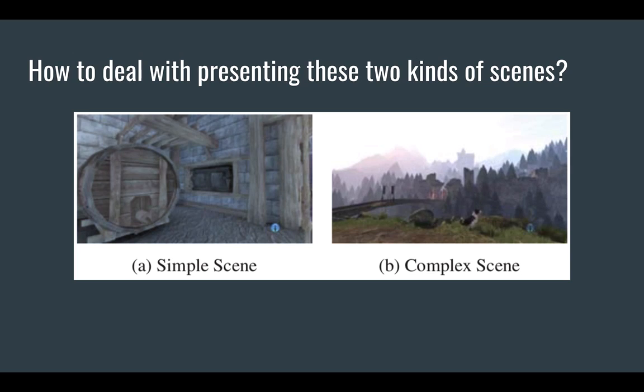Then, how do we deal with presenting these two kinds of scenes? These two scenes are just like what we mentioned on the last slide: a simple scene and a complex scene. If a server chooses to statically provision for the worst case of all players visiting complex scenes all the time, which means allocating for peak load, wasted resources and over-provisioning will be significant.